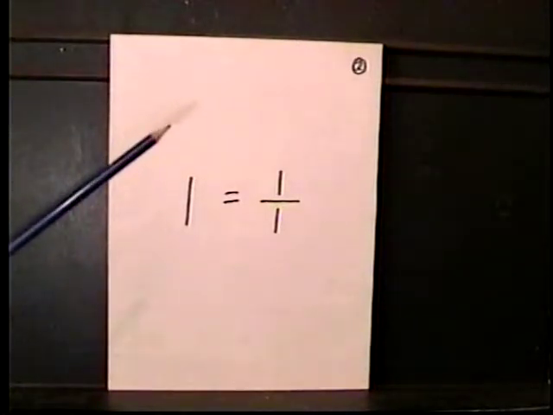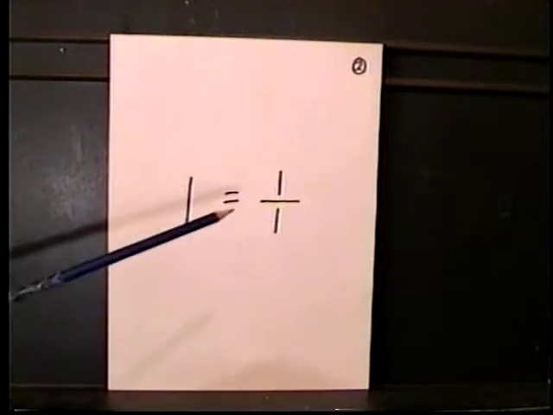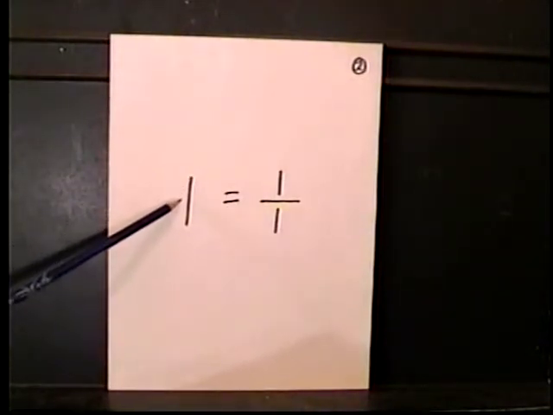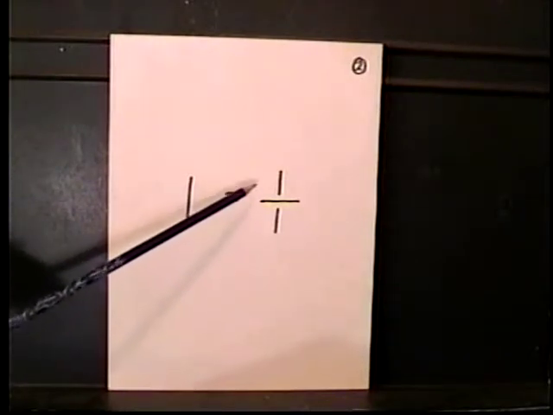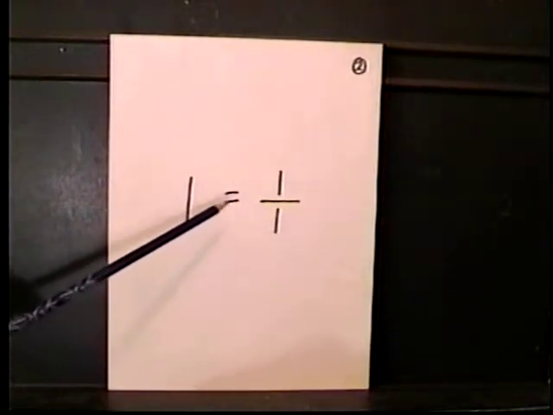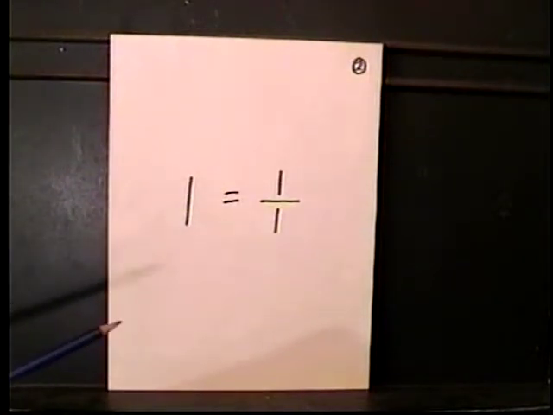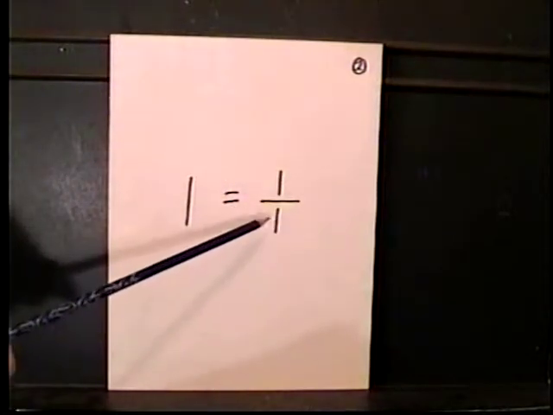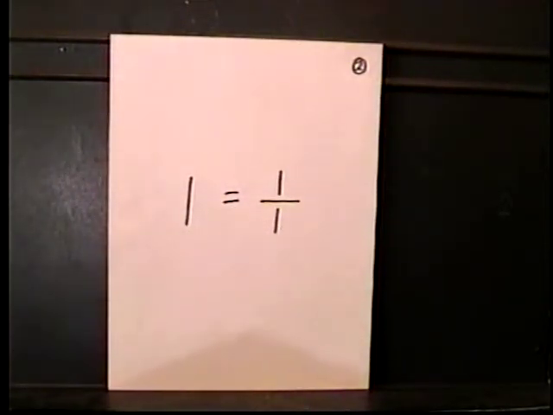If you have a sheet of paper that is still in one whole piece, then it's the same thing as saying that we have one sheet of paper. That's why 1 equals 1/1, and 1 divided by 1 equals 1. So again, we have one piece of paper that has been divided into one equal piece.